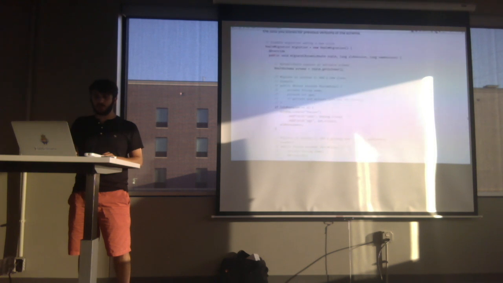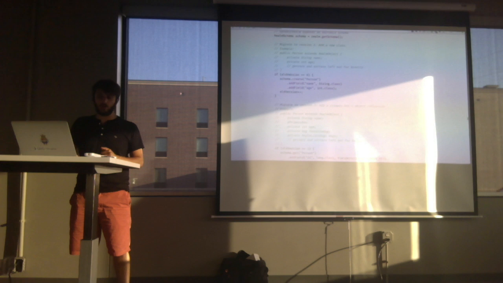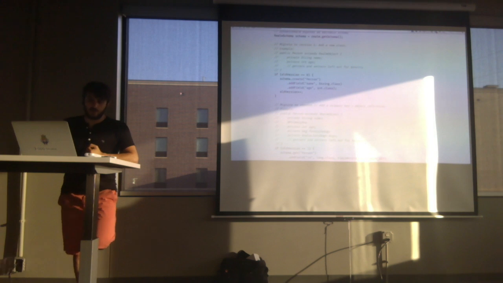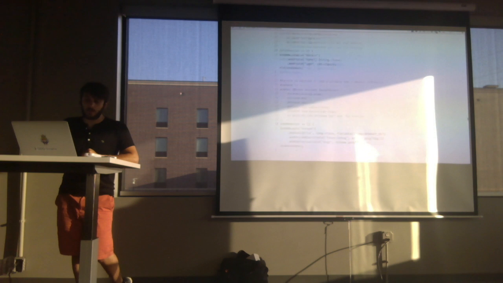And when you say migrate, it retrieves the schema and looks at the version. But you have to do it manually. If in a new version you edit the Person class, for example, you say schema create person, add field. So you kind of have to do it all manually.